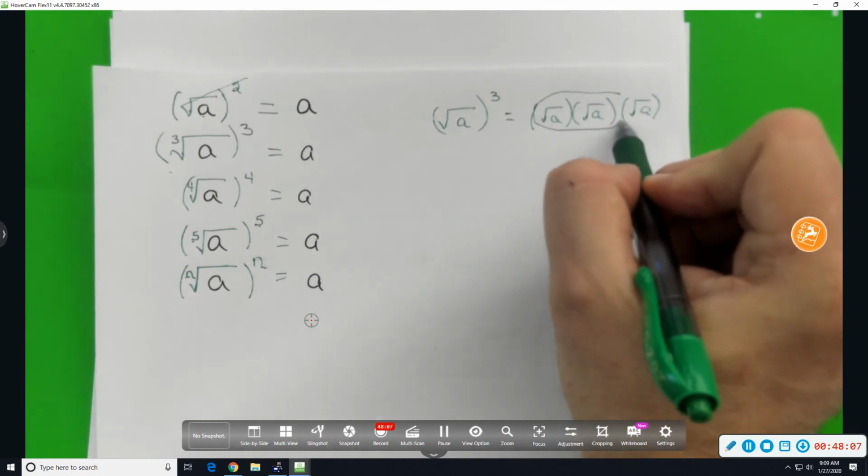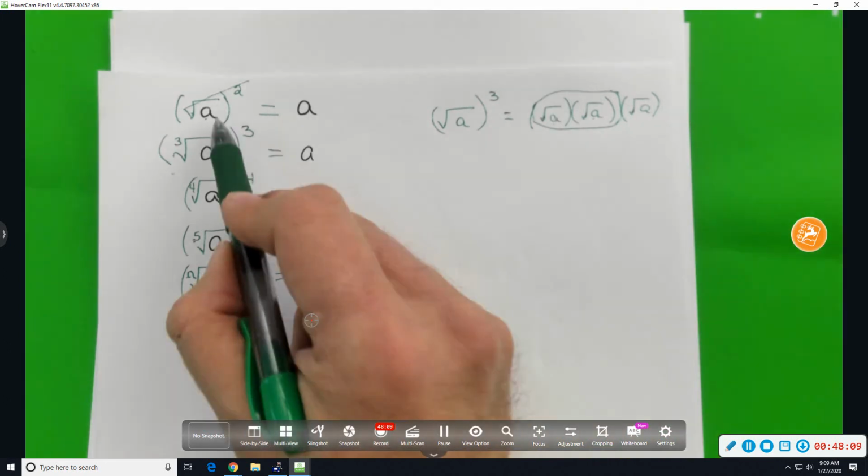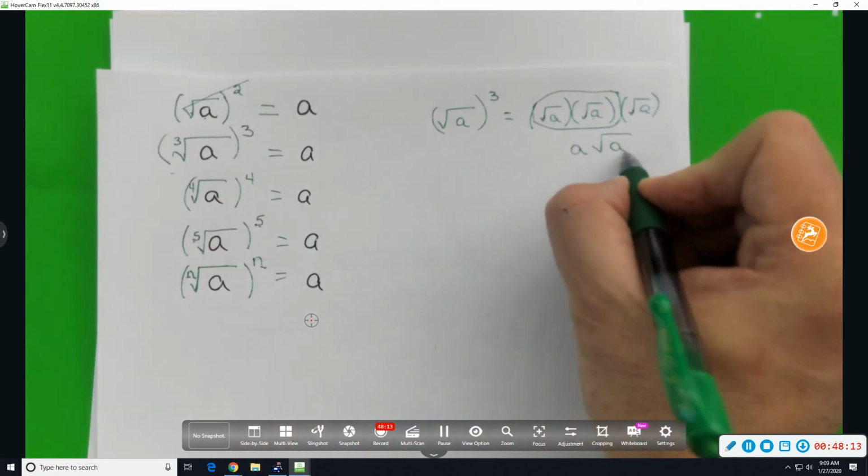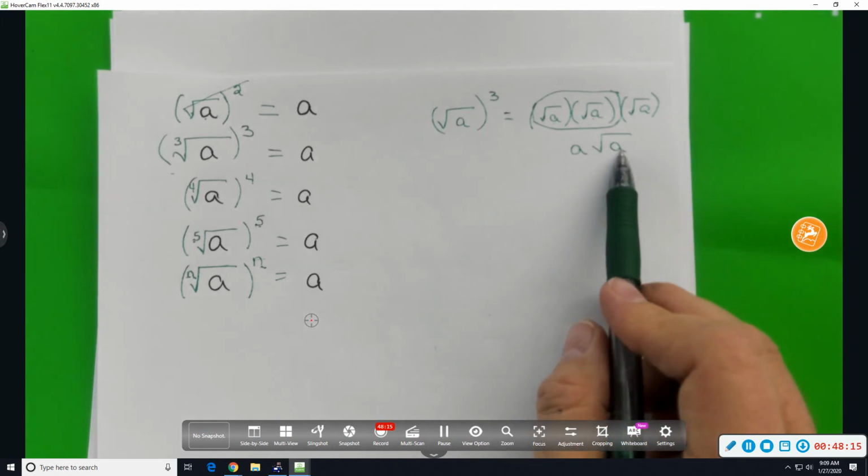The square root times itself, that's a square. That would give you an a, but you'd still wind up with a square root remaining.